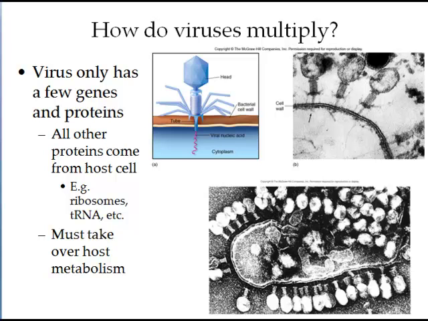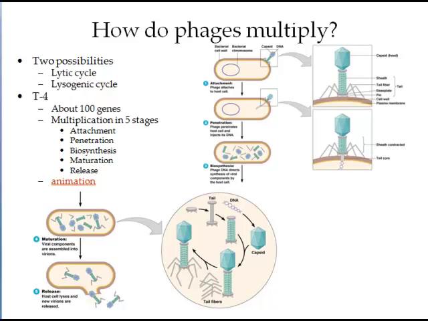So, although a virus will enter and exit a host cell by simple means, we will try to understand it based on two different ways of multiplying, and these two alternative mechanisms are called the lytic cycle and the lysogenic cycle.